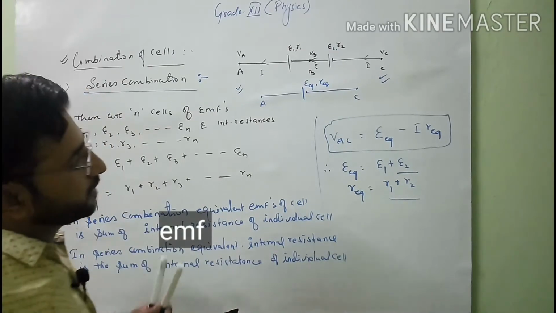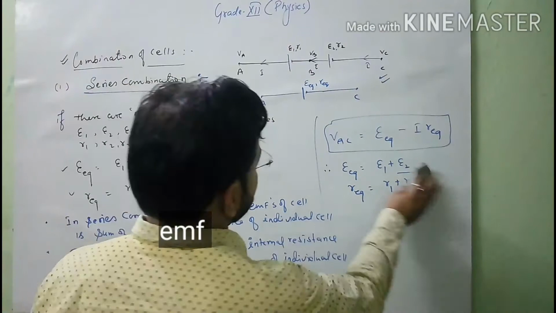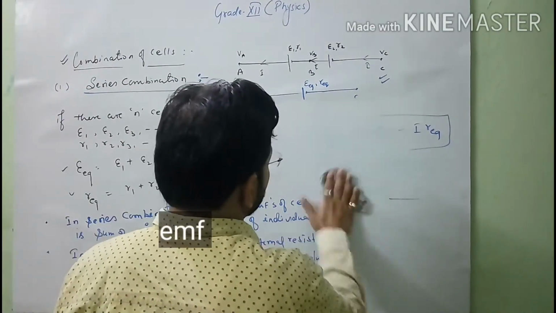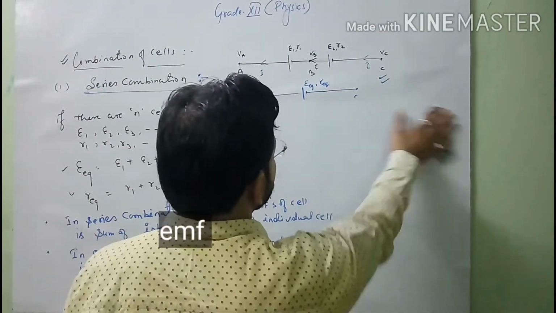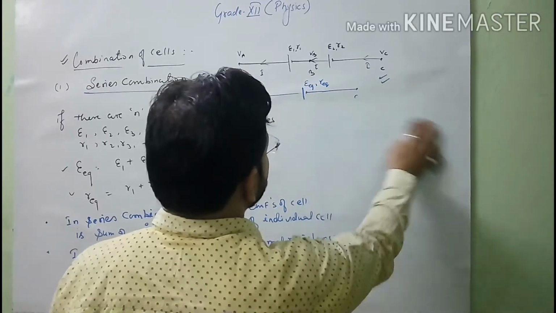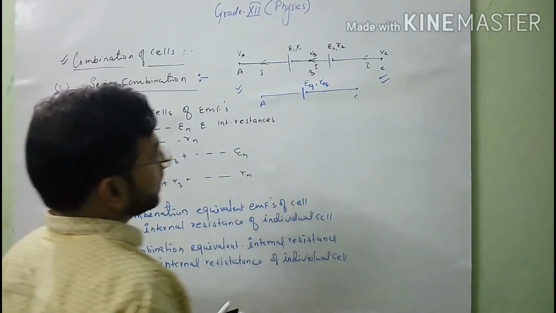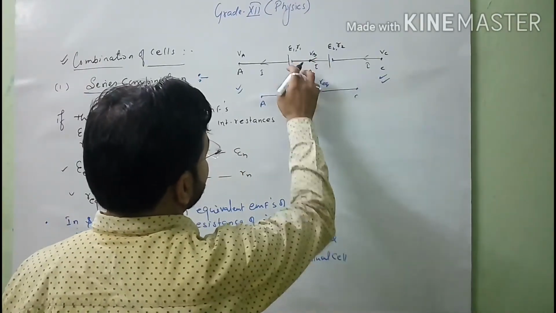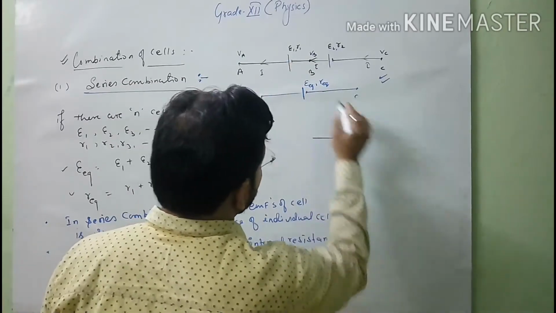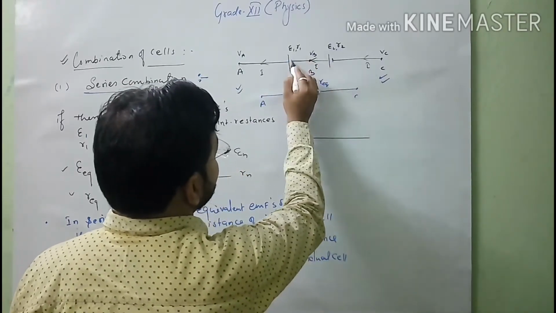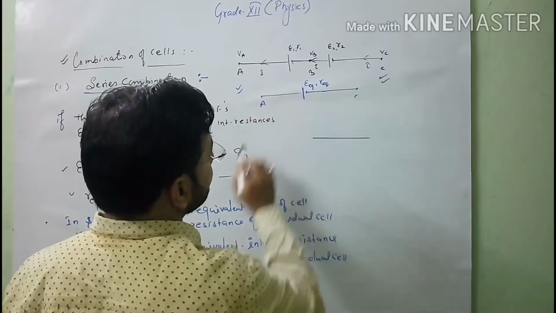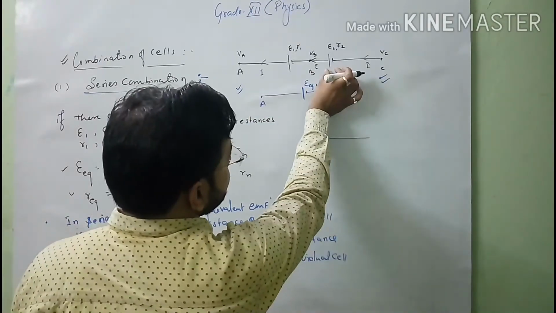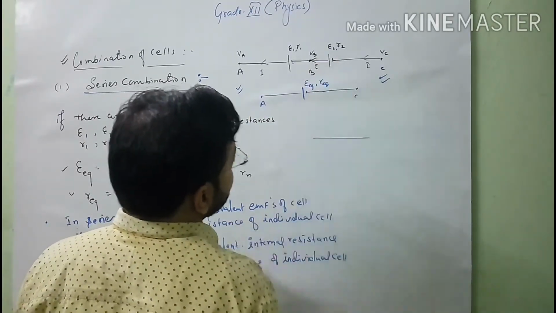Now student, we have one point to explain all things. Suppose the combination of battery is different, meaning the second battery is connected with the first battery such that its negative terminal is interconnected with the negative terminal of the first battery, meaning the second battery terminals are interchanged.